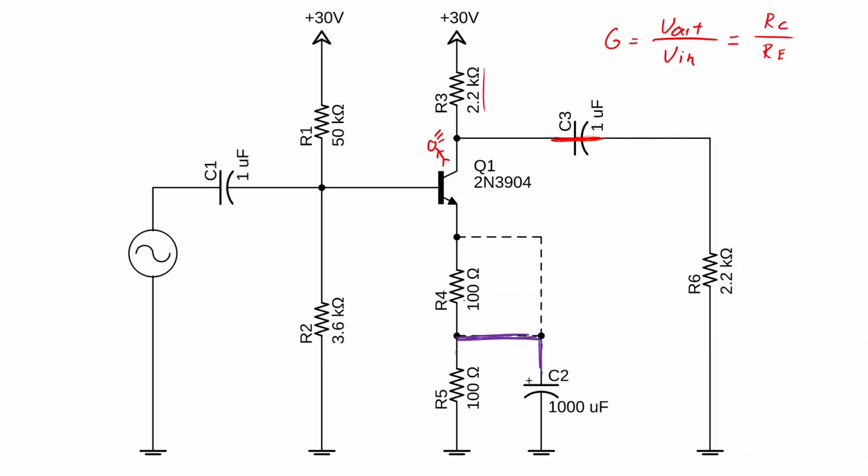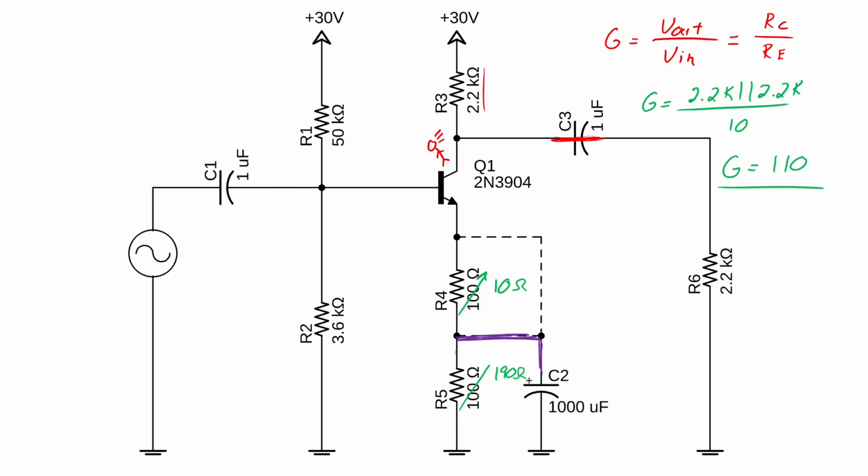We could continue this. For example, if instead of 100 ohms, we made this 10 ohms, while keeping 200 ohms in the emitter load, so this one here would have to go to 190, then our gain would be 2.2K in parallel with 2.2K all over 10, which would give us a gain somewhere around 110.